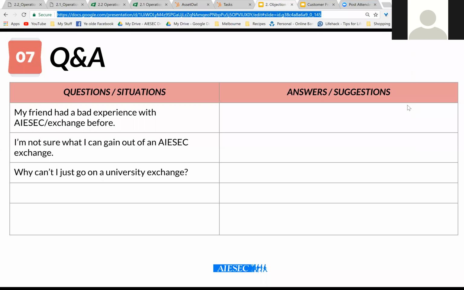Yeah, for sure. Talking about IR, which is something we're pushing a lot as well. The whole point of IR is to make sure we can deliver a good experience for our EPs. And another thing is every exchange is different. Just because their friend has had a bad experience on exchange doesn't mean they will.